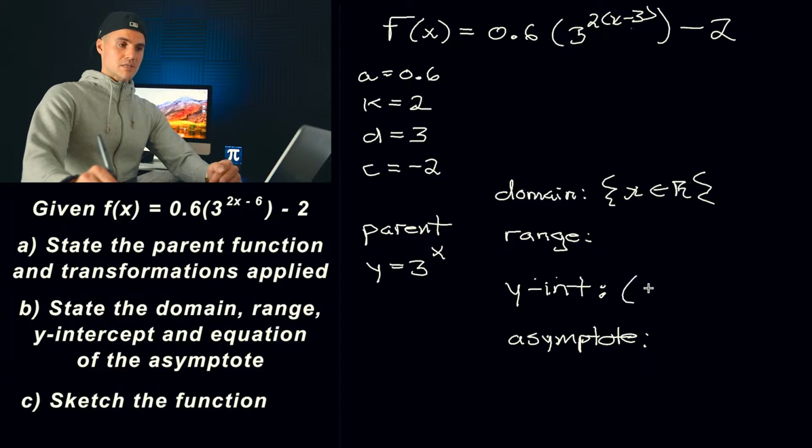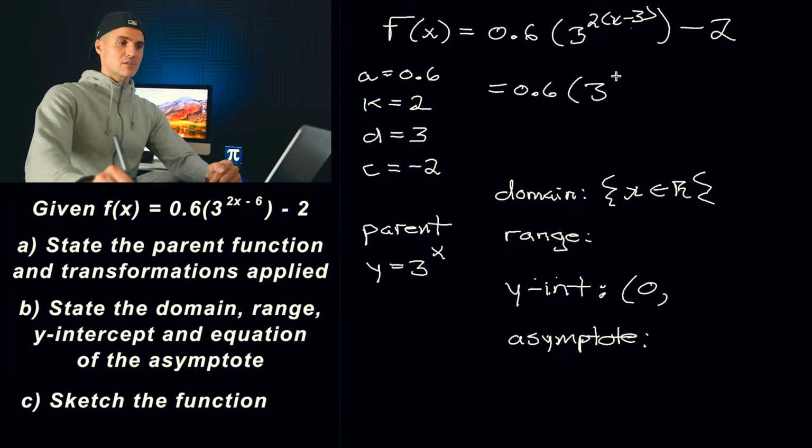The y-intercept, what you would do is you would plug in 0 for the x value here. And so what would happen is you'd end up with 0.6, then you'd have 3 to the power of -6, right? 0 minus 3 is -3, times 2 is -6, and you're going to have a -2. So you got to do this exponent first, multiply by 0.6, then -2. And what you would get is approximately, as a decimal, -1.99.